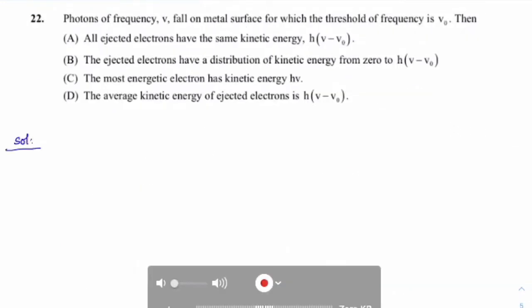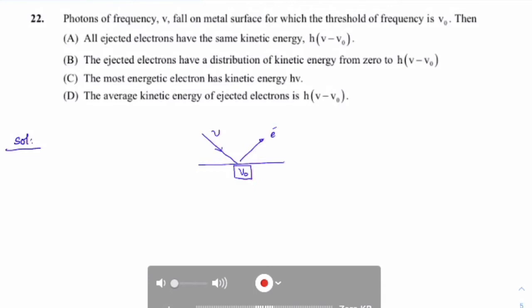Okay, this is a very interesting question where it is said that a photon of frequency nu is falling on a metal surface for which the threshold frequency is nu naught. So one thing we know is that when a photon of frequency nu falls on it, we definitely require a certain nu naught to pluck out the electron, and this is the photoelectron which will come out.